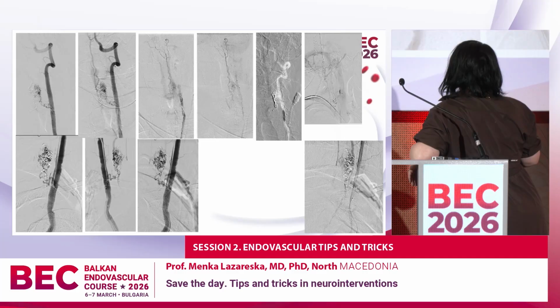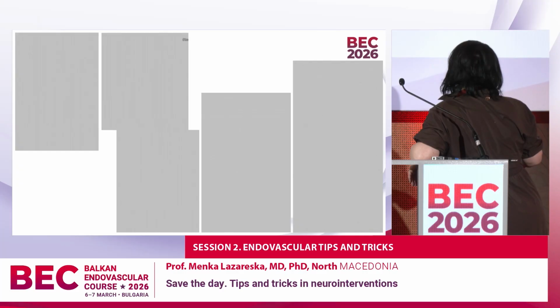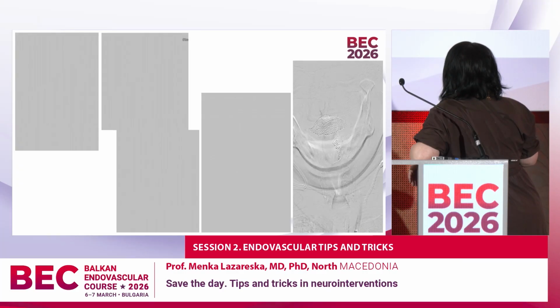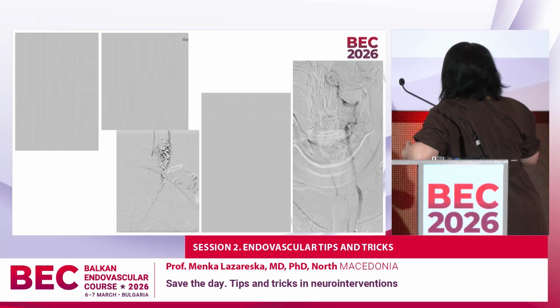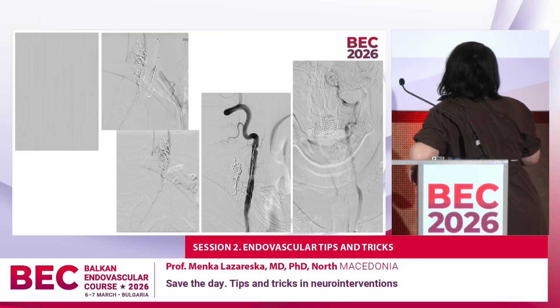After that, we decided to come with a balloon in the vertebral artery and a proximal position of the microcatheter in this feeding branch to make the embolization with Onyx, but with the inflated balloon.